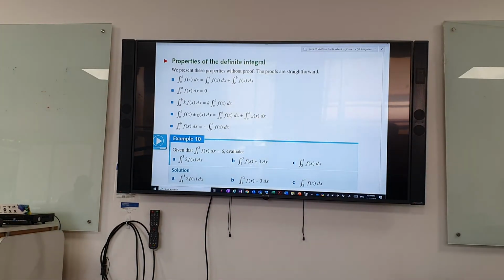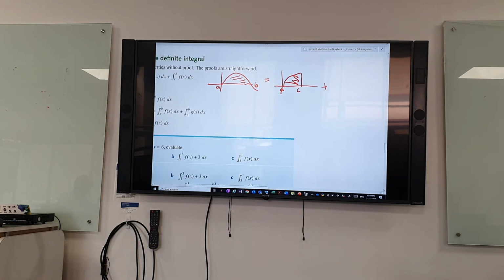What they're saying is, if you go from A to B, I'm just going to do a very poor graph, and get an area or an integral, it's just like going from A to C and then plussing C to B. So you can split this up if you want.